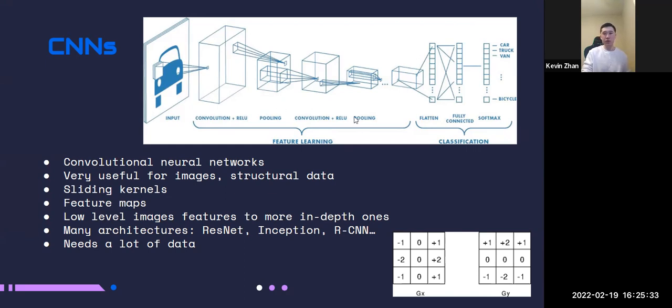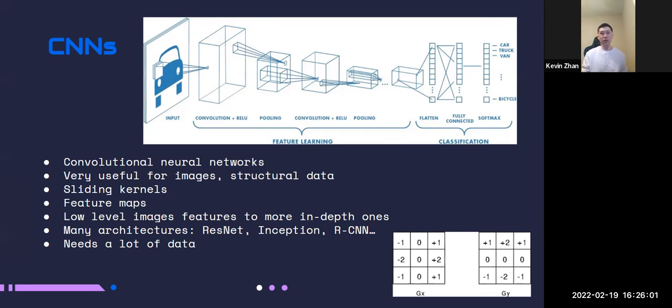In this image here, we have approximately what a CNN looks like. When we take the input data, we use these sliding kernels, which look like these. When we slide one across the image, we create a feature map. Depending on what kind of kernel it is, we'll get a different feature map. The kernel here is for edge detection, so if we scan this kernel through our image, we'll find the edges on the feature map.